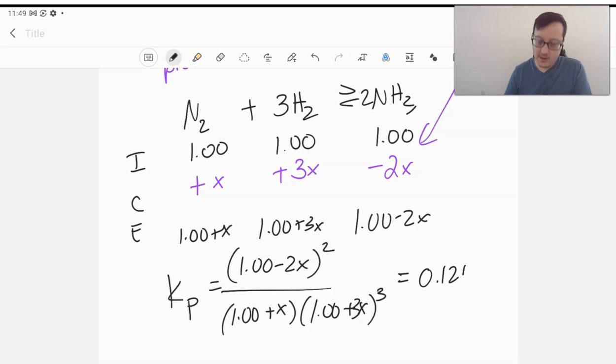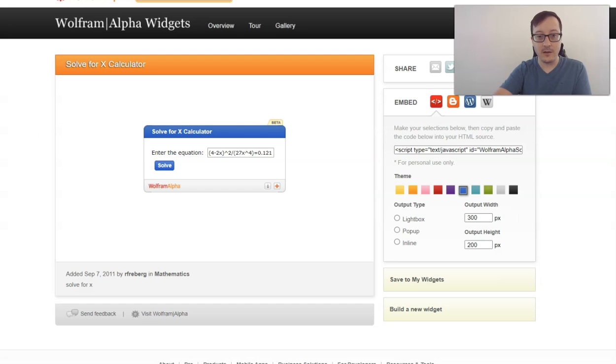Equals 0.121. So we're going to bust out Wolfram again. Let's go ahead and plug all this in. So (1 minus 2x) squared divided by (1 plus x), and actually, I'm going to put more parentheses here. That's always one thing in math: we can always have more parentheses.